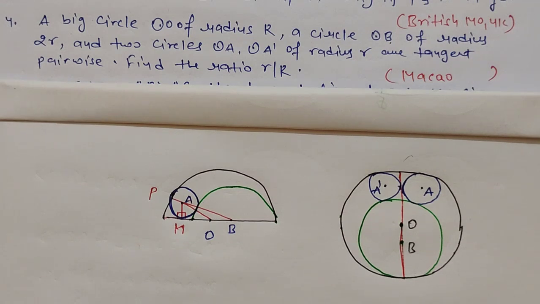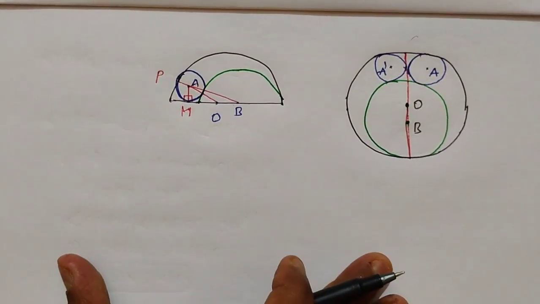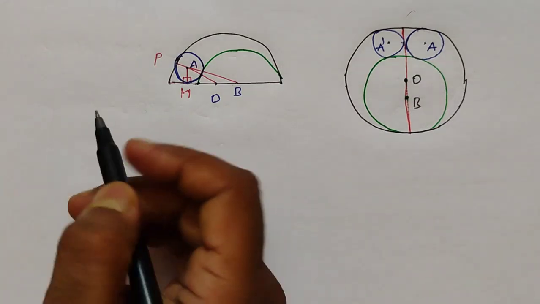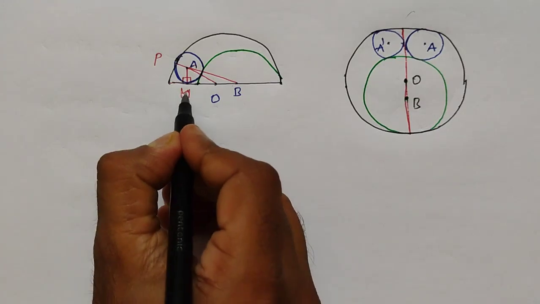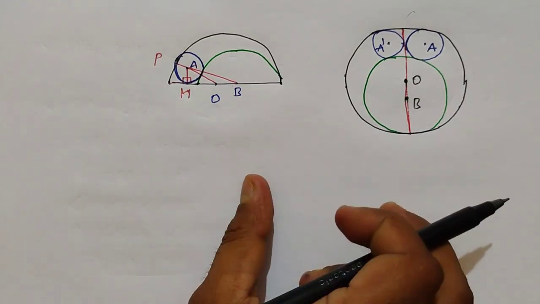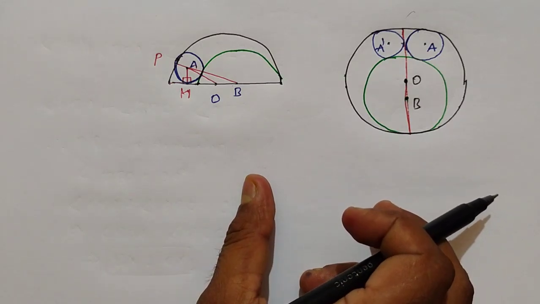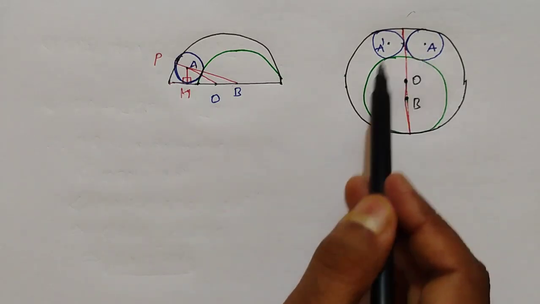we have the overall construction, and here we are starting the solution, because of the symmetry, the centers O and B are on the internal common tangent of A and A dashed.